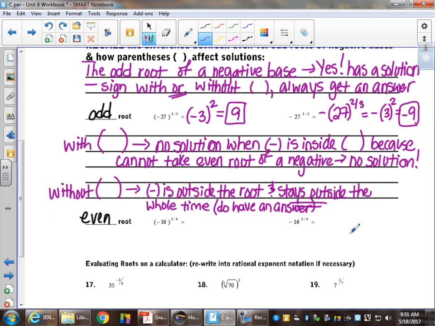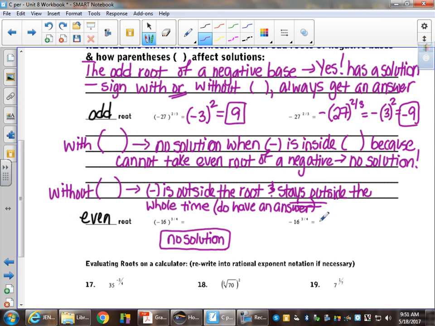Applying this summary to these two examples, which one of these is no solution and why? The first one is no solution. Very good. We're taking the even root. What root specifically? Fourth root of negative 16, no good, because the negative is grouped under the radical. How about the one on the right?